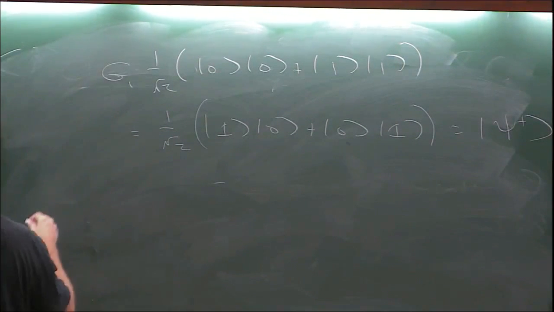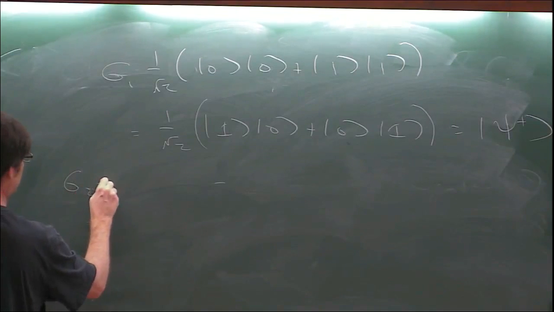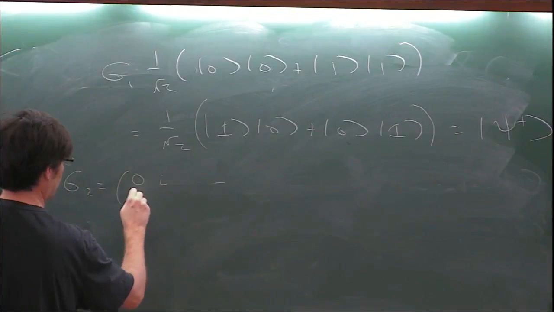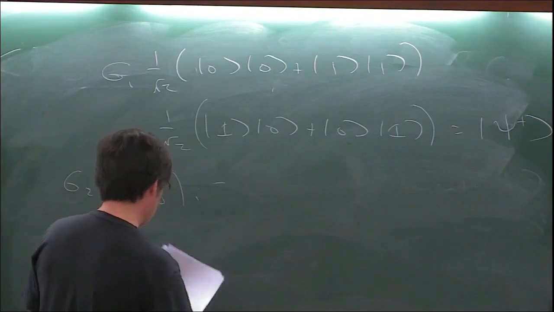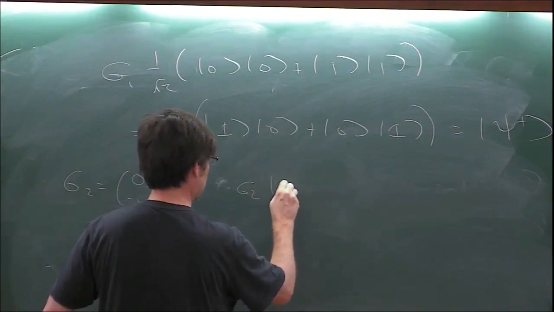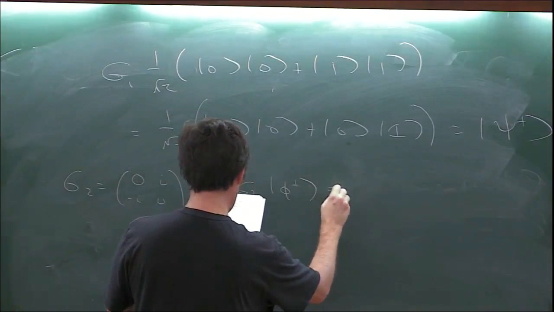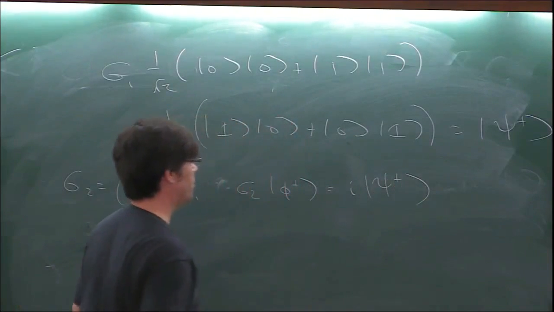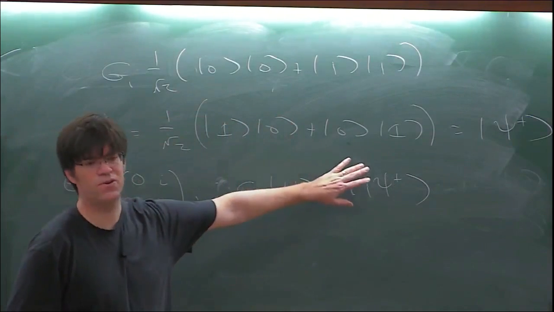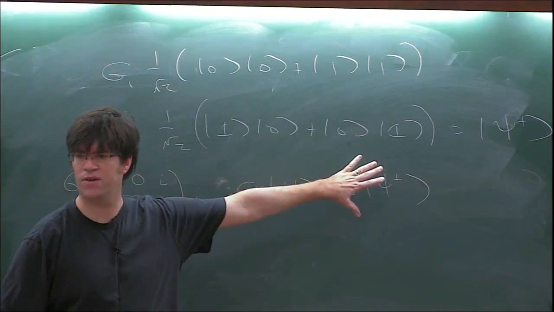If she acts with sigma 2, which is (0, -i; i, 0), then sigma 2 phi plus is going to be equal to i times psi plus. This factor of i is just an irrelevant phase sitting out in front of the final state.